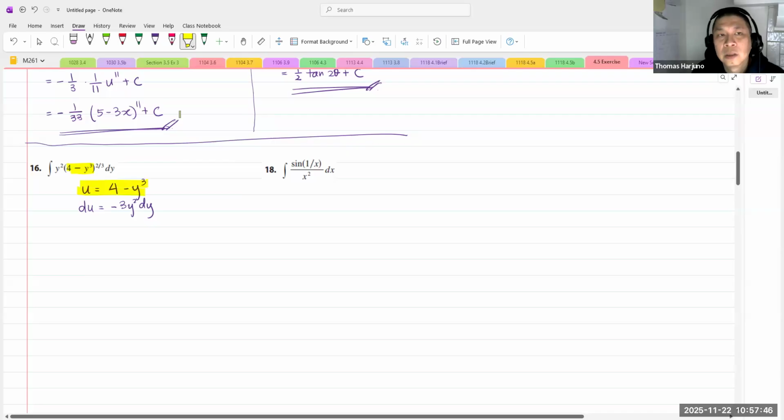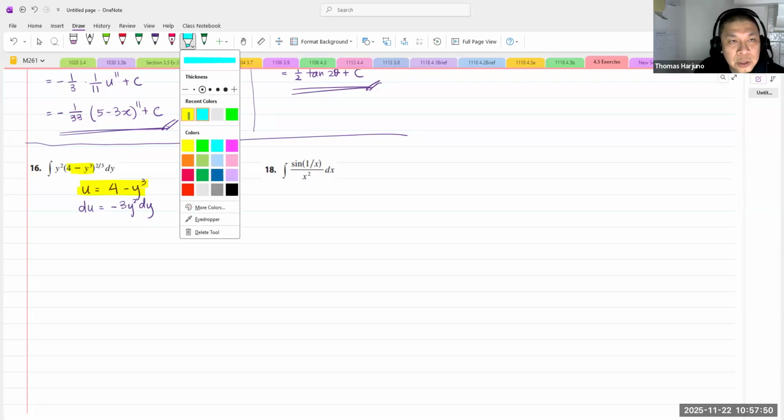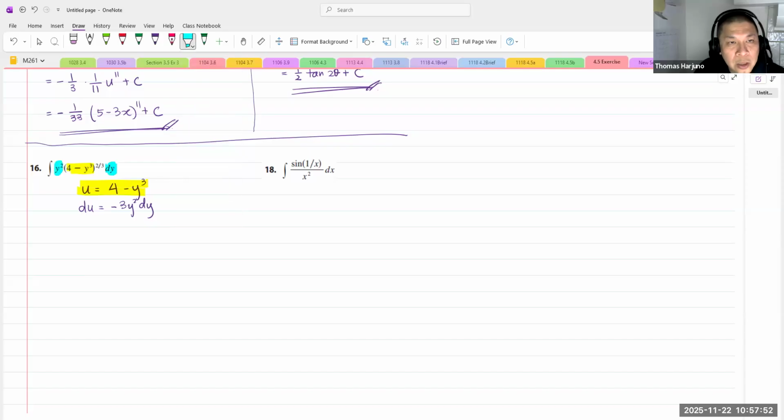The integration is doable. I did that substitution and notice that y squared dy is a factor of my du, so I will rewrite my du over negative 3 as y squared dy.